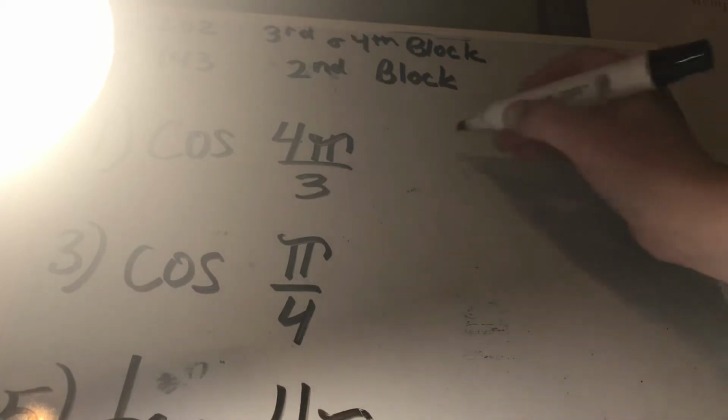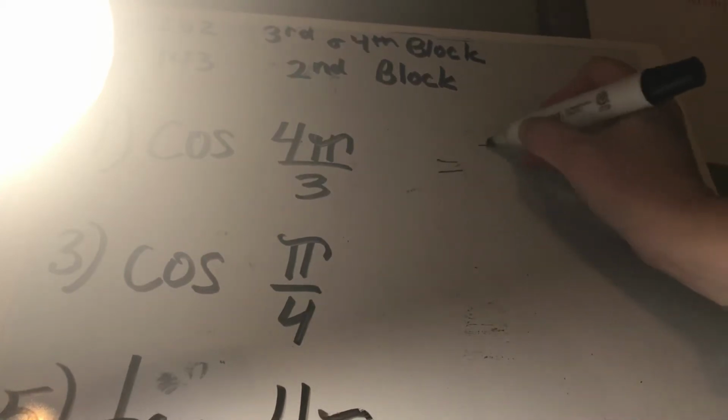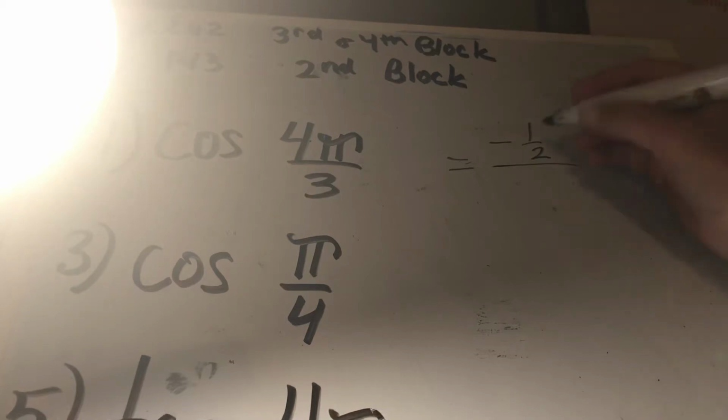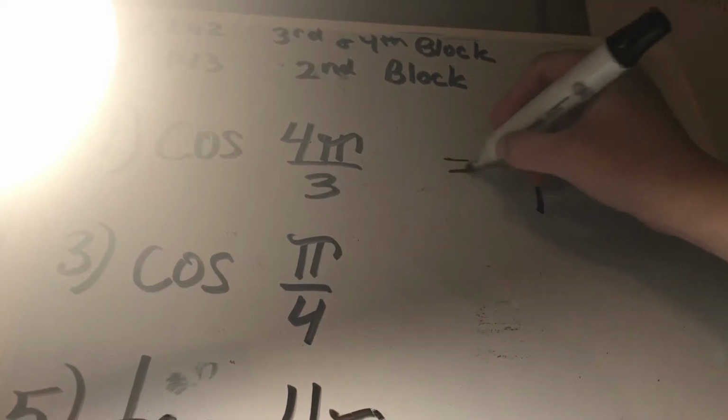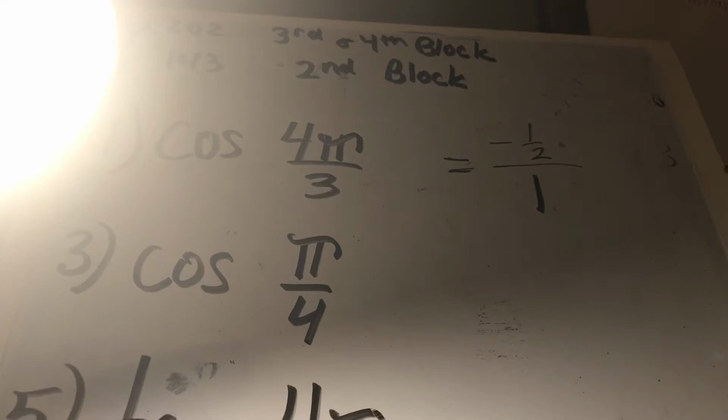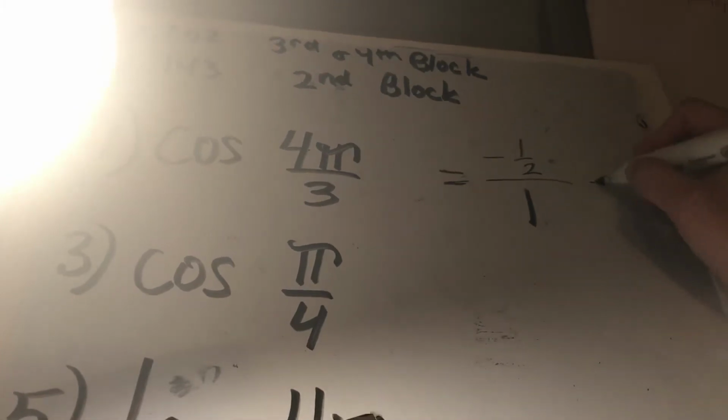At 4 pi over 3, the x value is -1/2. And the r is 1. So the cosine of 4 pi over 3 is -1/2 over 1, or you could just put -1/2.